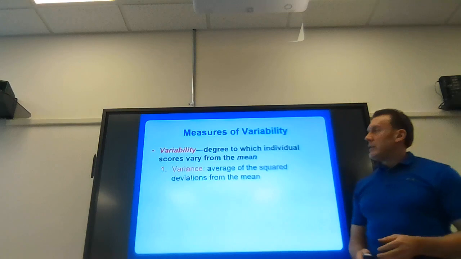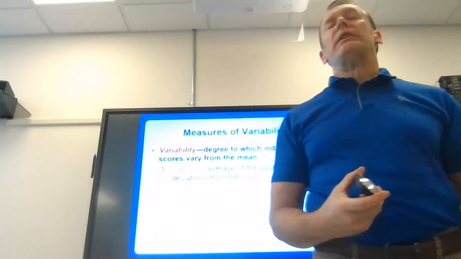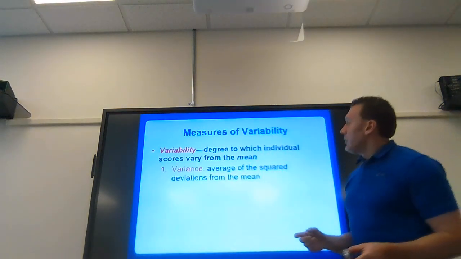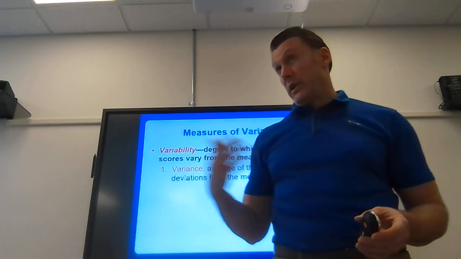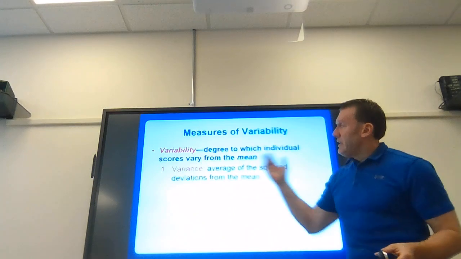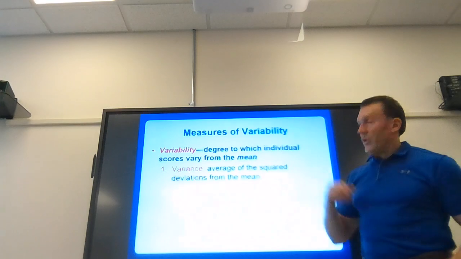Okay, so variance. What does variance mean? What is the dictionary definition of variance? And then we'll go over an example. It's the average of the squared deviations from the mean. Now we're going to get to an example on the next slide where you'll actually be able to process what that means.